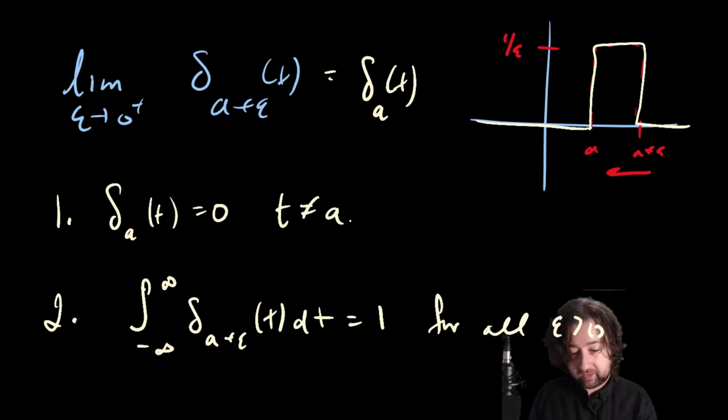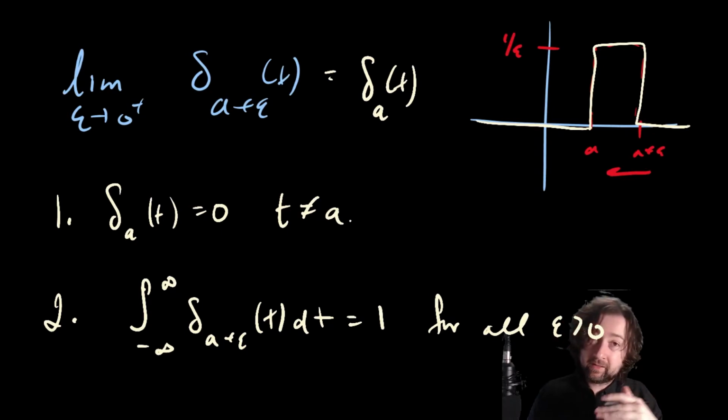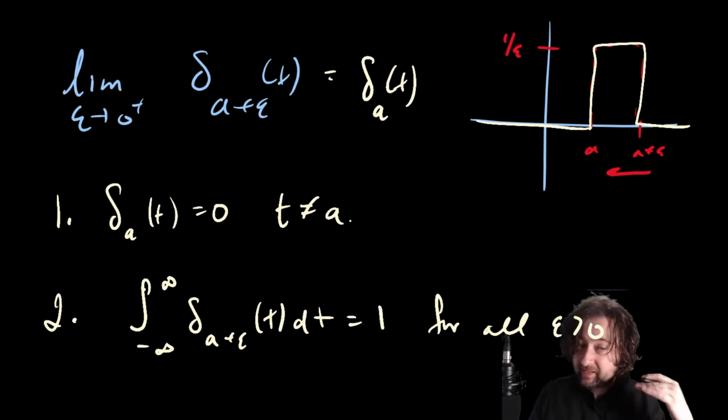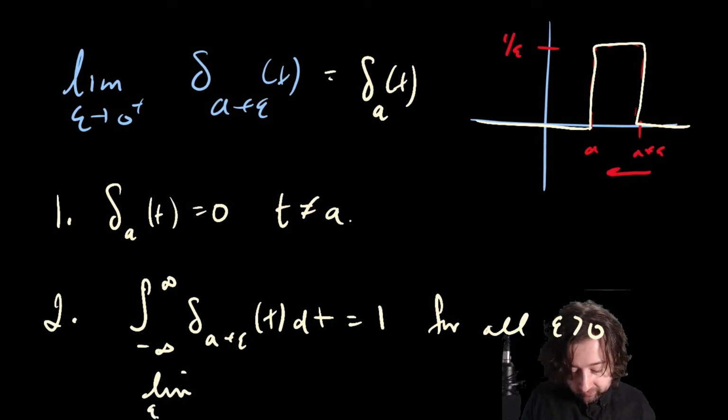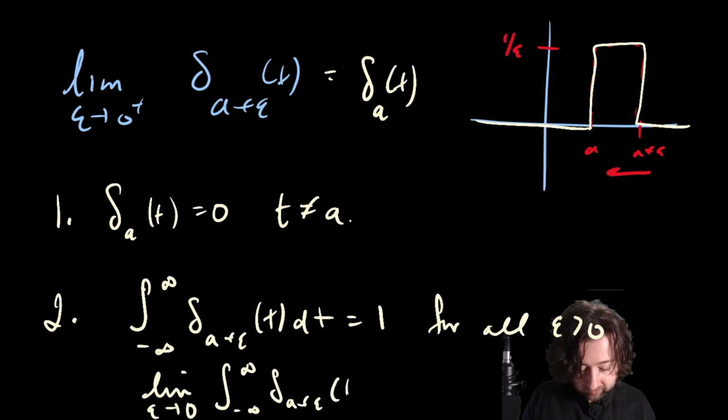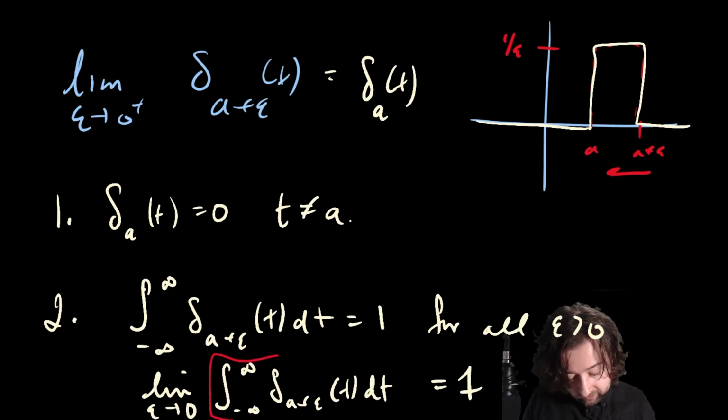So what we do is we say, okay, if the limit of the first step makes sense, if I could take the limits of the delta functions and get some kind of thing out that I call delta a, then the integral of this sequence of things, each entry of which is 1, must also be 1. And so it must be the case that the limit as epsilon goes to 0 of the integral from minus infinity to infinity of delta a plus epsilon of t dt is also 1, because every single one of these integrals was 1.